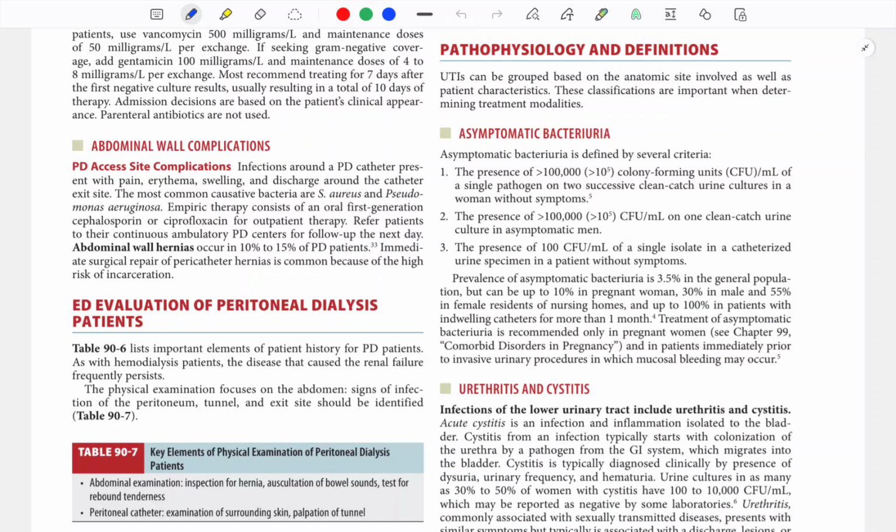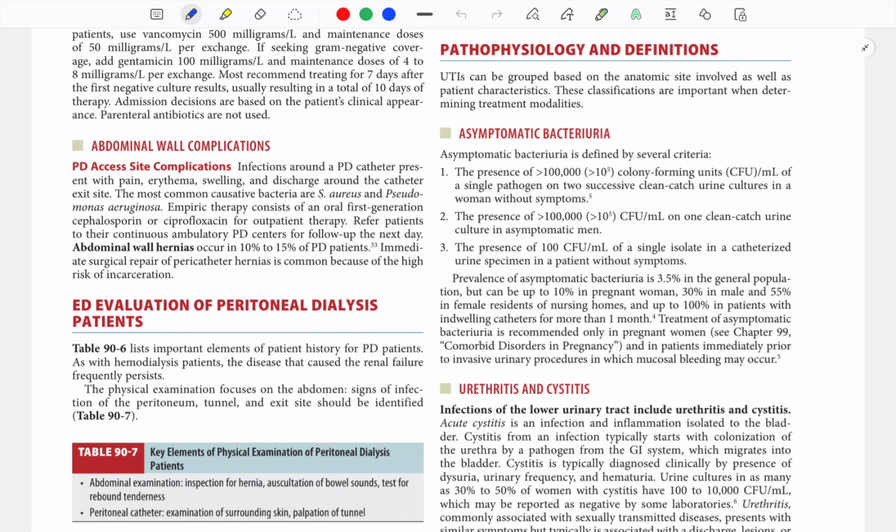What is complicated UTI? It is infection involving a functional or anatomically abnormal urinary tract, or infection in the presence of comorbidities that place the patient at risk for more severe adverse outcomes.